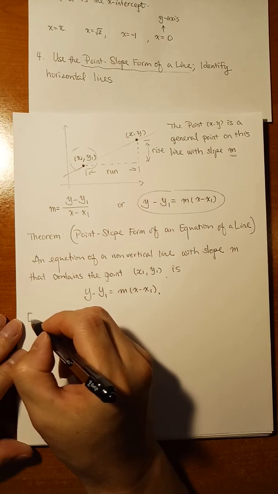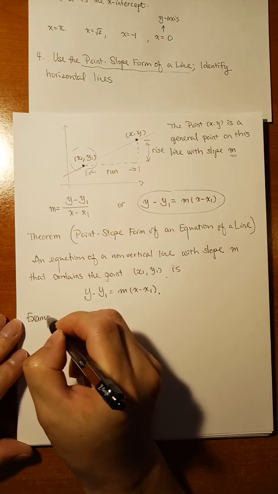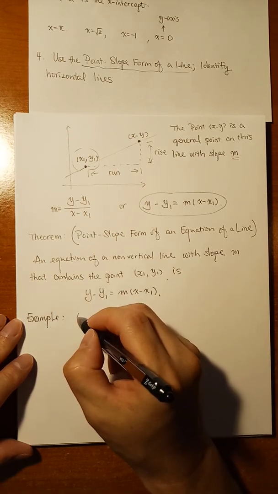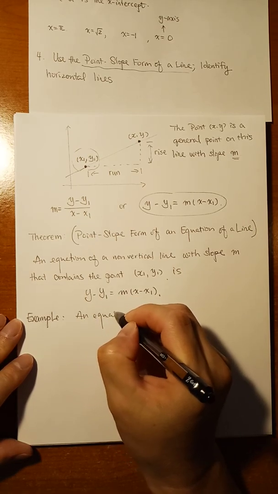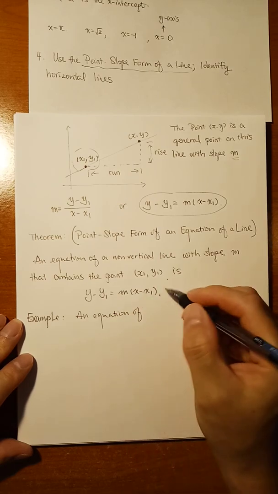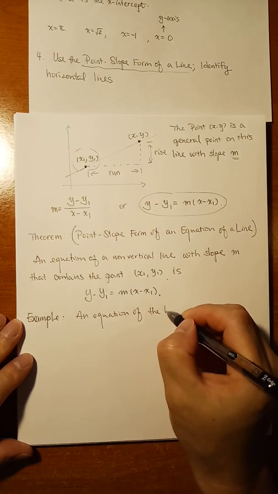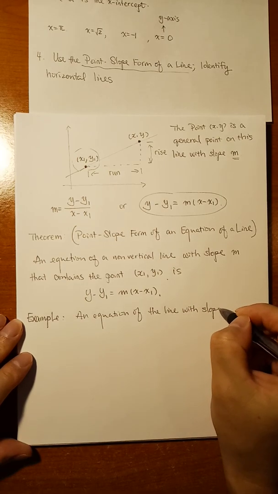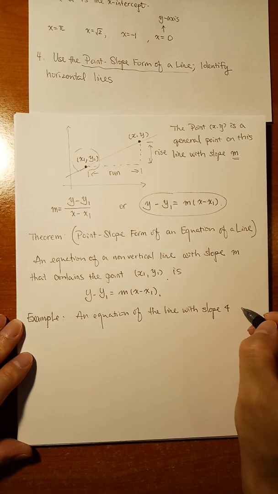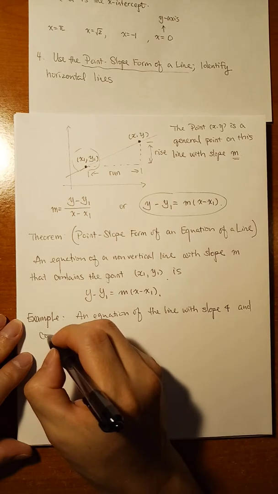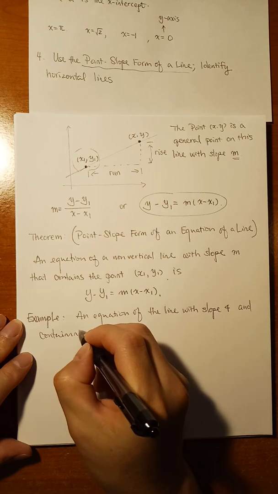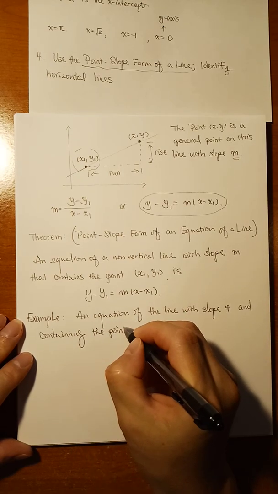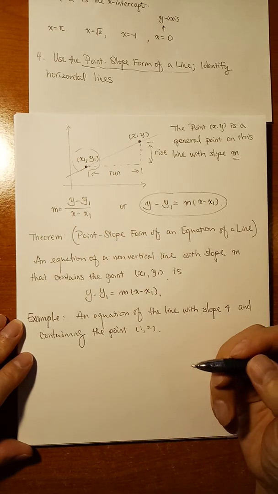Okay, so let's see an example. Find an equation of the line with slope 4 and containing the point 1, 2.